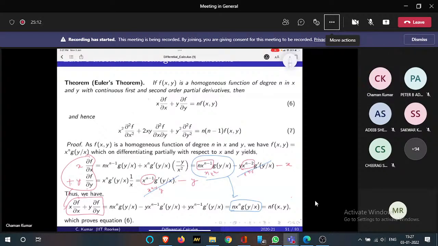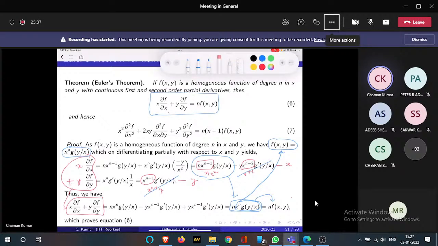And we have already said that f is equal to x raised to n g of y by x. So this quantity is f using this relationship. So we can say that this is equal to n into f. This proves equation 6.